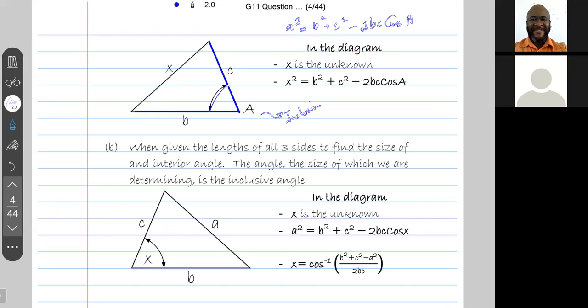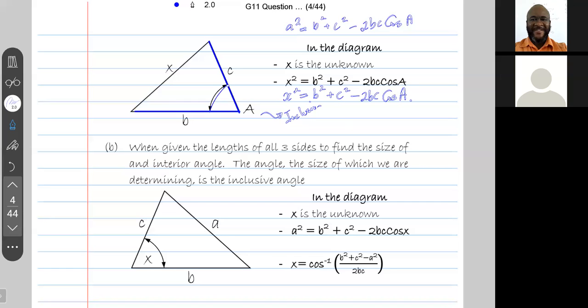In my diagram, the side opposite the inclusive angle is x, so this is x squared equals b squared plus c squared minus 2bc cosine of the inclusive angle, which is A.